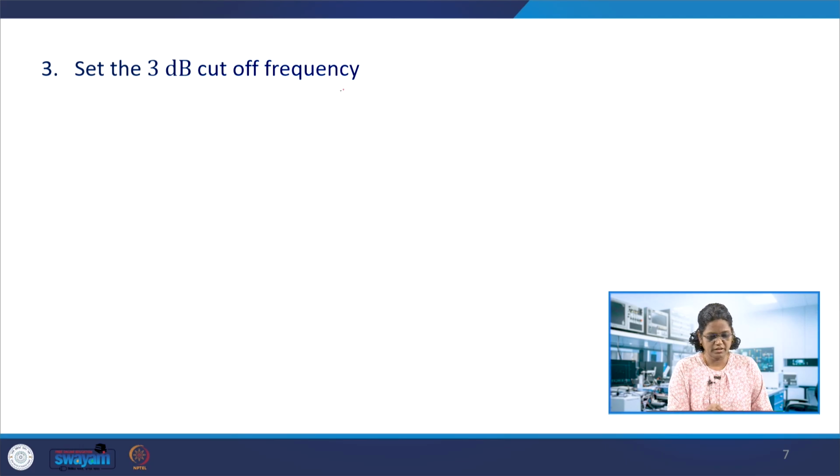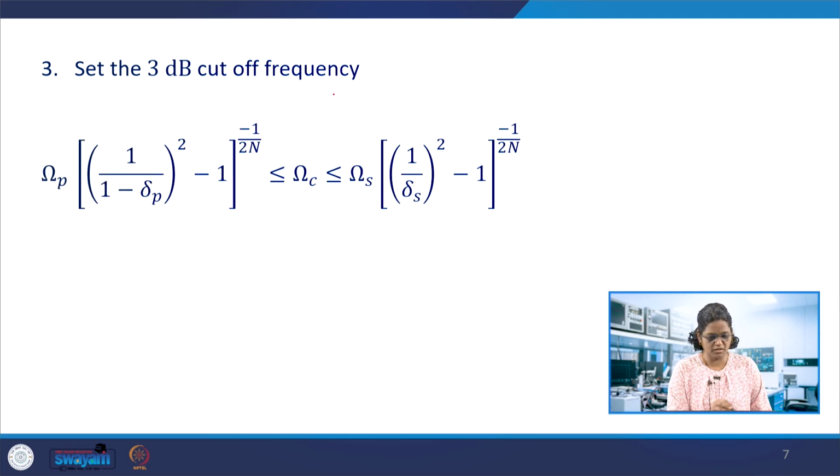Then set the 3 dB cutoff frequency after finding the order. Omega p is the pass band frequency and omega s is the stop band frequency. If we know omega p and omega s, delta p is the ripple allowed in the pass band and delta s is the stop band one. In that case, omega c, the cutoff frequency, can be fixed between omega p and omega s.